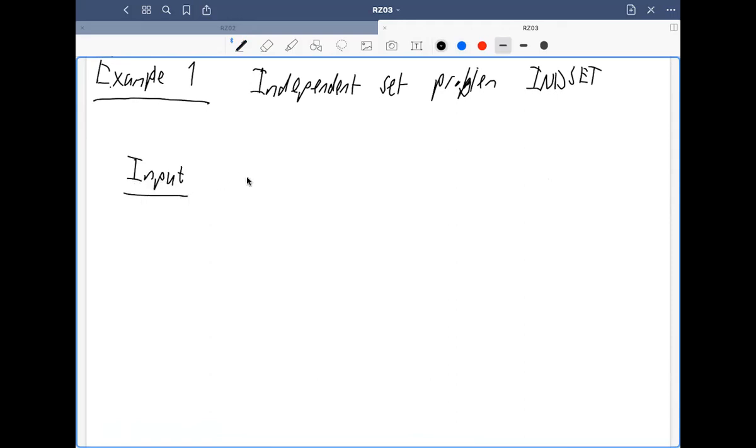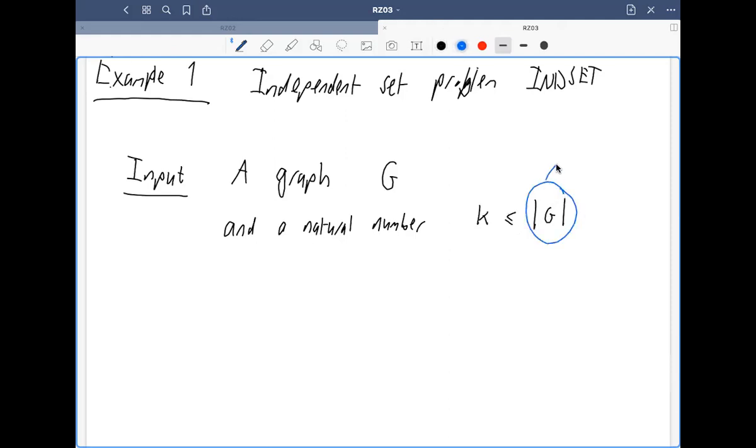So the input in this case is a finite graph and an integer, a natural number, k, less than or equal to the size of the graph. By the size of the graph, I mean the number of vertices of the graph.